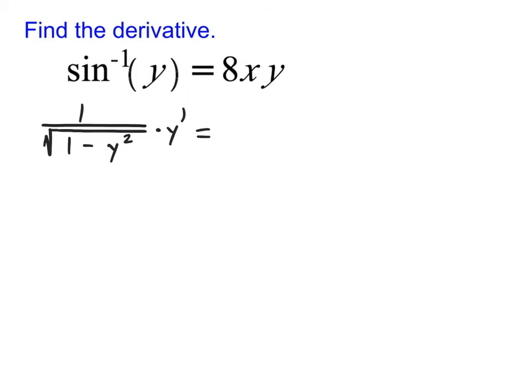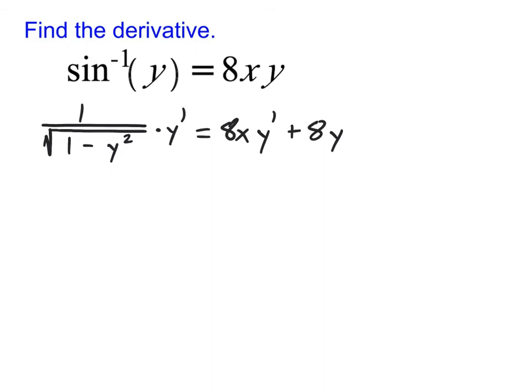Personally, when I do it, I just make it into an 8x times a y, and that's how I think about it. Both are valid, both work. All right, but that's the way I'm going to show it. So I'm going to do original 8x times the derivative of y, which is y prime, plus the derivative times the original. Derivative of 8x is just 8, and then times the original y.